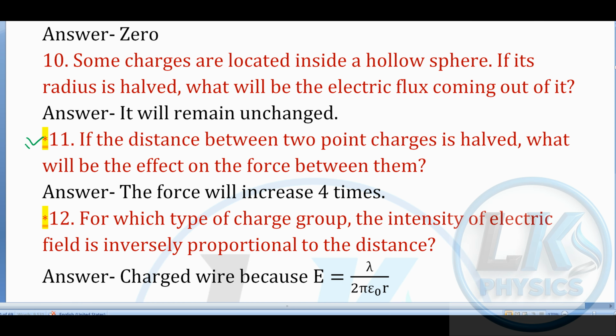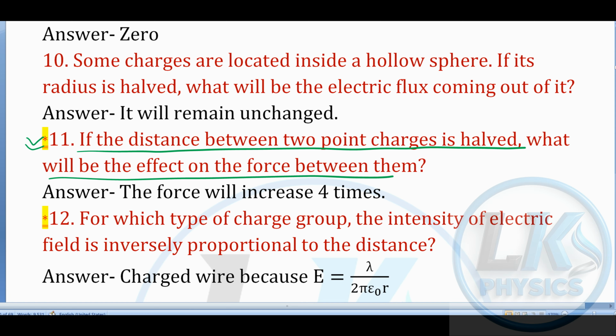Now the question is, if the distance between 2 point charges is halved, what will be the effect on the force between them? We know that the force acting between the charges is F equal to 1 upon 4 pi epsilon naught Q1 Q2 upon R square. Here R is halved, so it can be written as R upon 2.